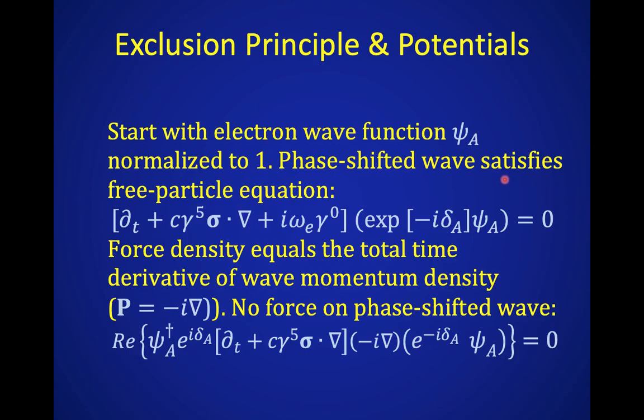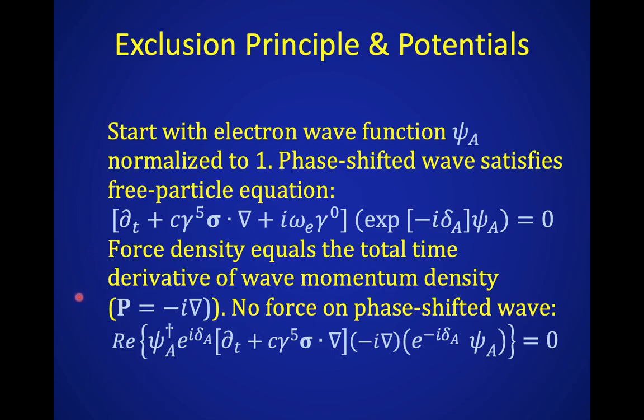So let's suppose we have an electron wave function, and let's normalize it to 1, which means we factor out a factor of h bar. The phase shifted wave would have to satisfy the free particle equation. Okay, so this would be 0. And similarly, we can calculate a Hamiltonian from that if we want to, but I'm going to look at the force density.